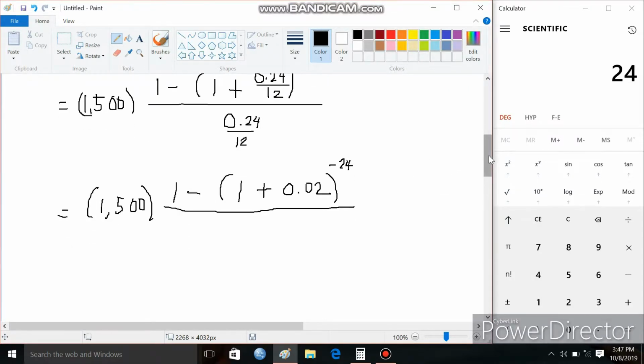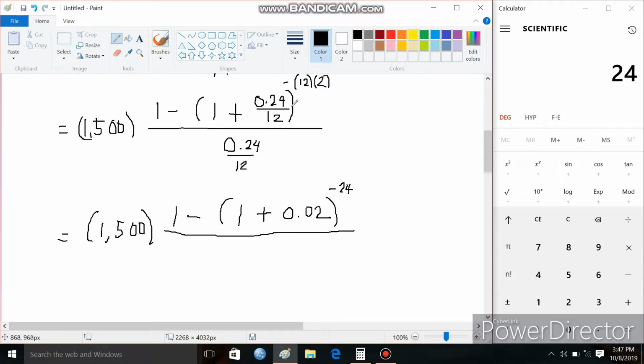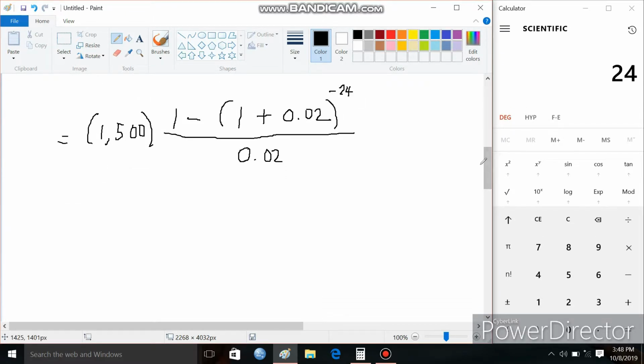Next, this number and operation is the same as the one before, so whatever the answer is there should also be the answer here, 0.02.